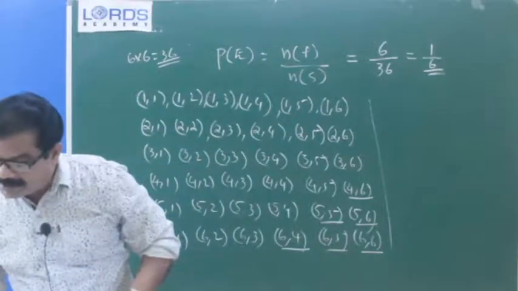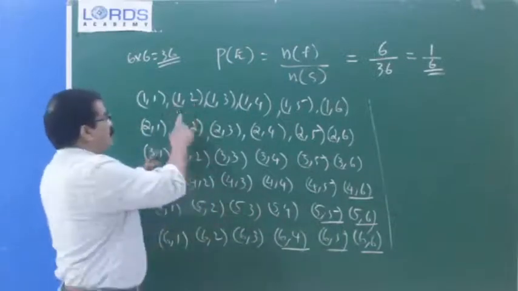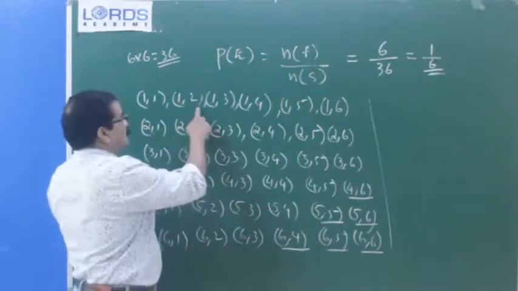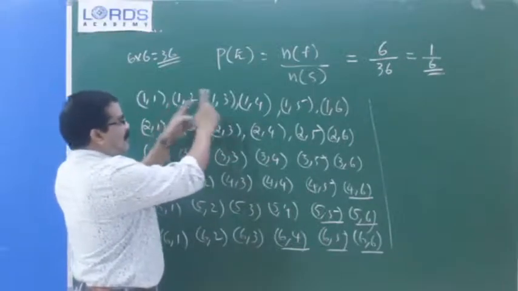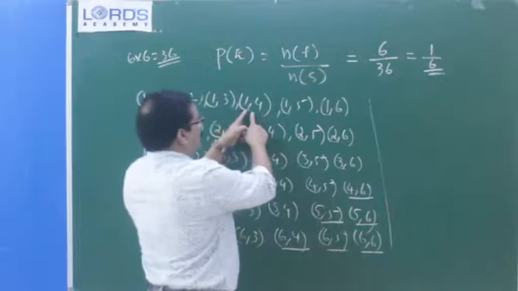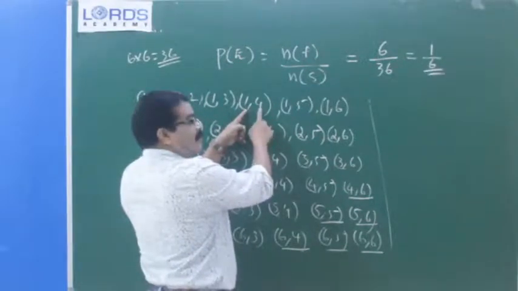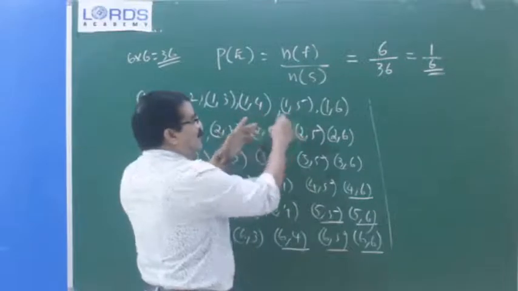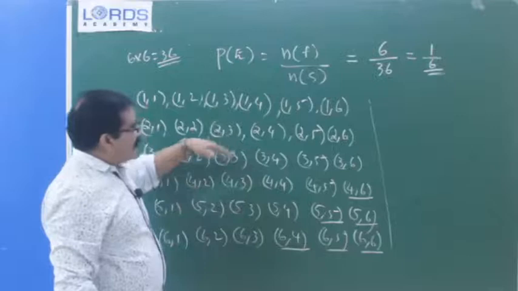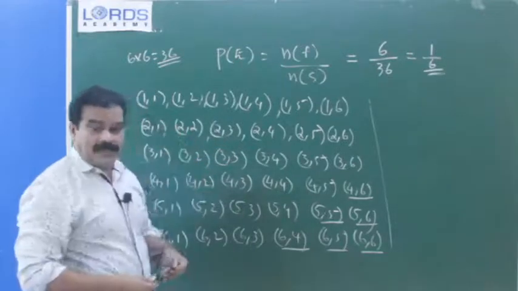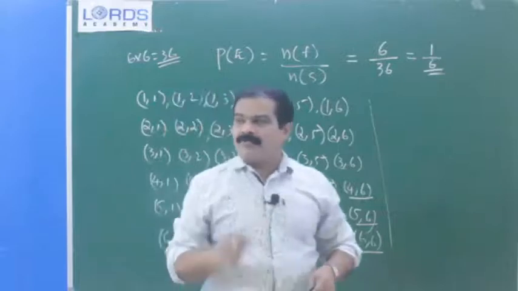For example, take 1, 2. 1 is an odd number, 2 is a multiple of 2. Similarly, 1 is odd, 4 is a multiple of 2. Like that you have to find out from these possible outcomes. All of you find out that one. Then find out how many required pairs there are.